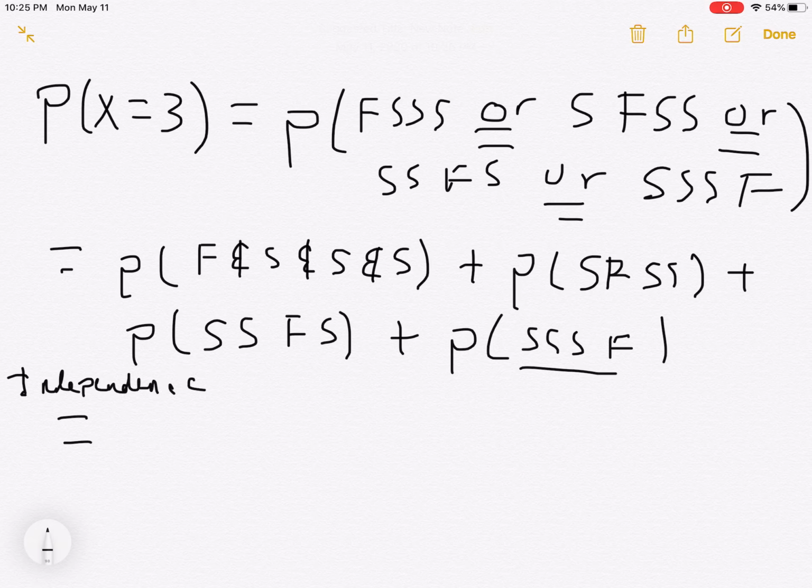Using independence, the probability of failure, success, success, success is 0.1 times 0.9 times 0.9 times 0.9.